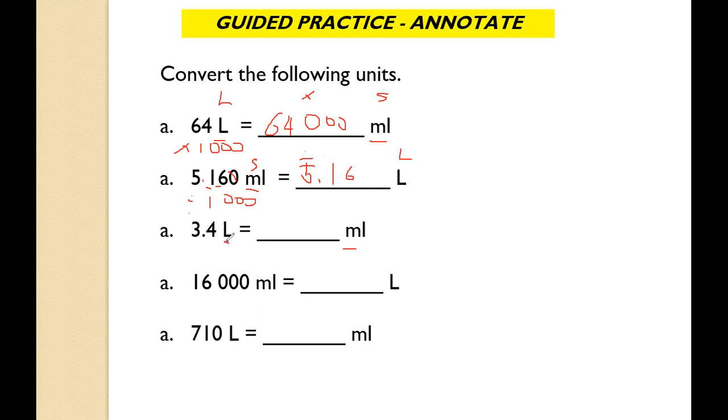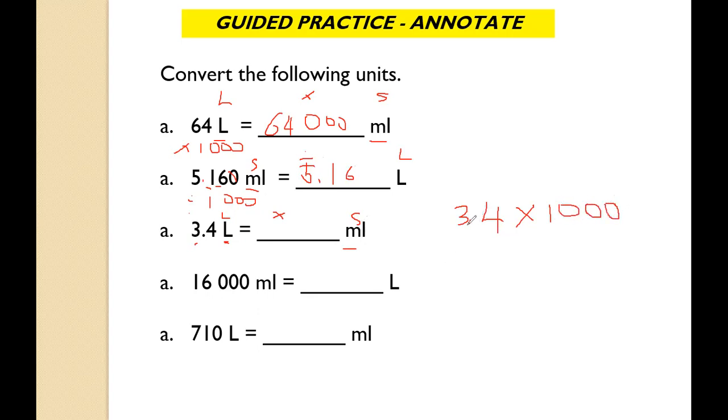Next, again, liters to milliliters. So this is larger to smaller, which means we need to multiply. So 3.4 times 1,000. We will move the decimal to the right. I'm going to show you here, 3.4 times 1,000.